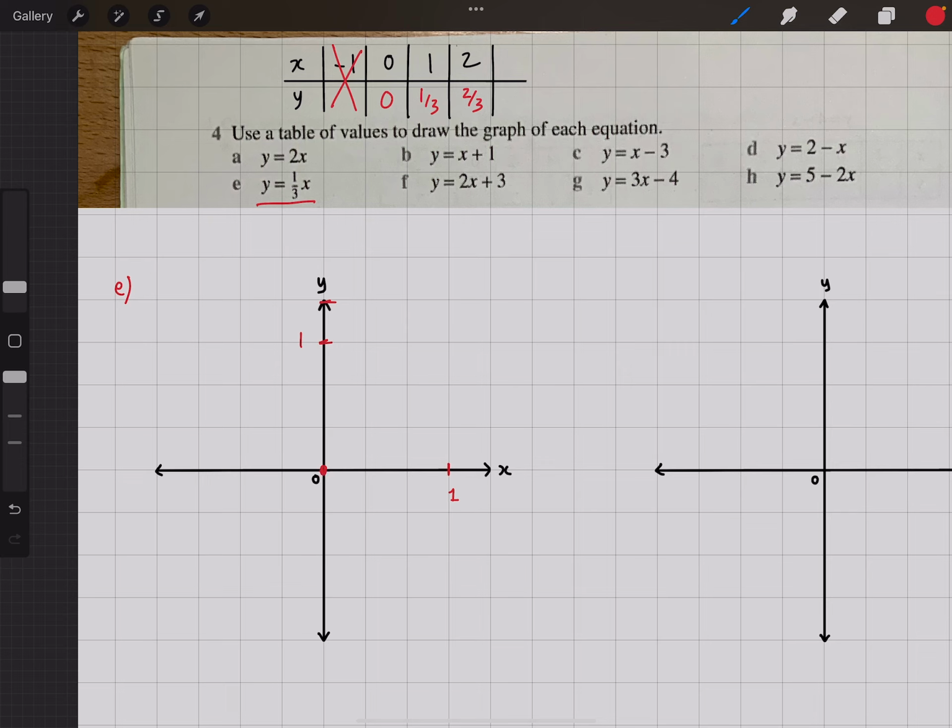When x equals to 1, y equals to... Oh, actually, I'm just gonna do this 1, 2, 3. Alright, when x equals to 1, y equals to 1/3. So y is about here somewhere. When x is equal to 2, y is equal to 2/3. And obviously when x equals to 3, well, 3 divided by 3 is 1. So this will be 1.